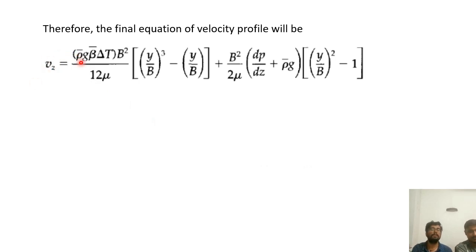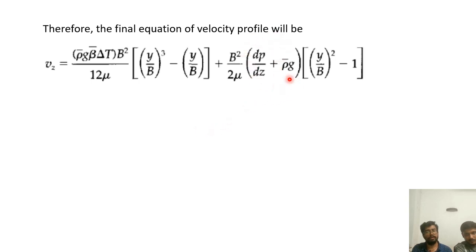So this equation is rho bar, that is the average density, into g, acceleration due to gravity, into beta bar, that is the average coefficient of volume expansion, and delta T, it is the temperature difference, and B square, B is the half of distance between two of the plates, and mu is the viscosity, and y by B whole cube minus y by B plus B square by 2 mu into dP by dz.